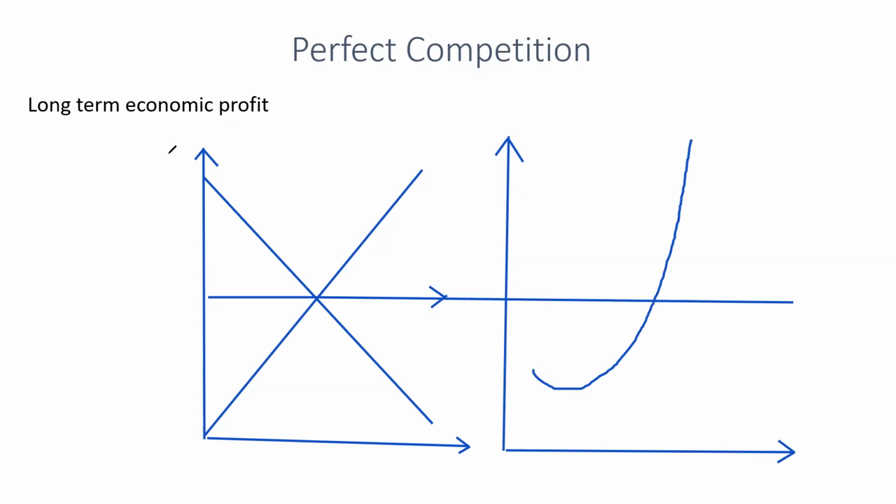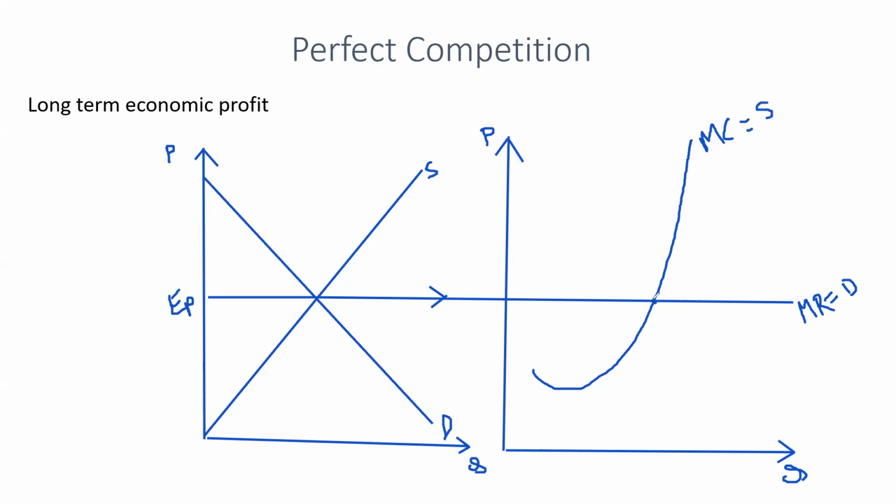Let us start naming things. So P, Q, demand, supply, equilibrium price, price taker, P, Q. This is your marginal revenue. This is your marginal cost. This is the same as your demand. This is the same as your supply.